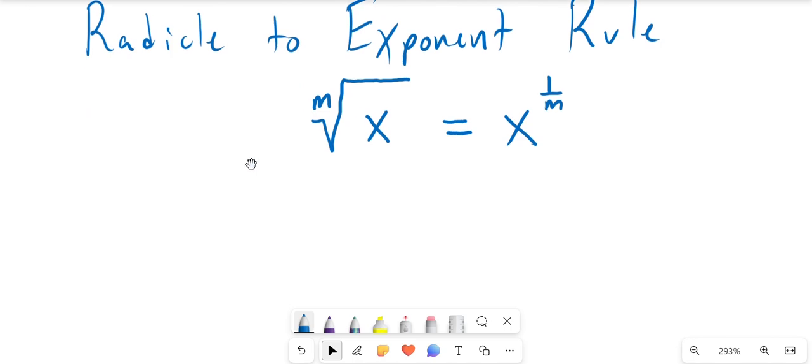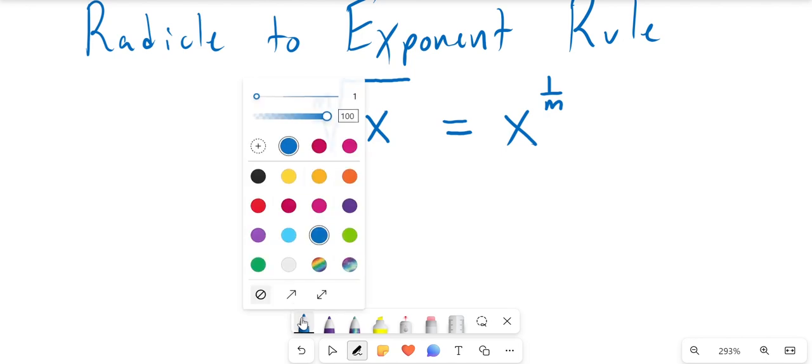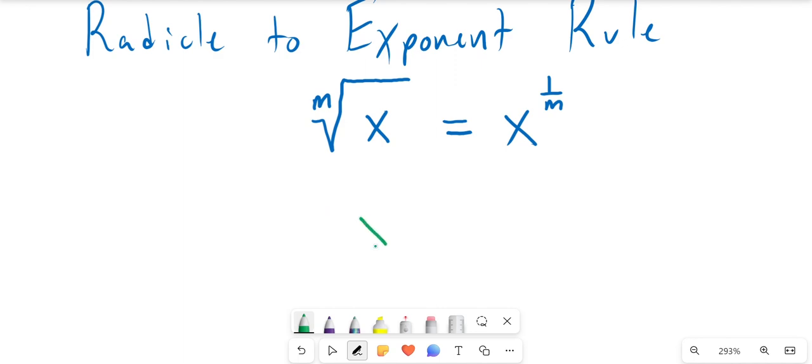And using that, we can come up with a meaning for anything which looks like x to the a over b. So what would it mean to have this kind of rational exponent, a fraction in my exponents?